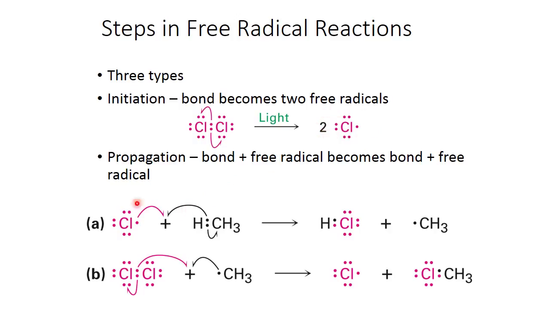One of these comes along and it's going to be careening around at high speeds, bumping into molecules. So here, this free radical comes along and bumps into a methane. Now, this is normally written as CH4, but we're spreading it out like this so you can see the bond between the hydrogen and carbon in methane. What happens here?